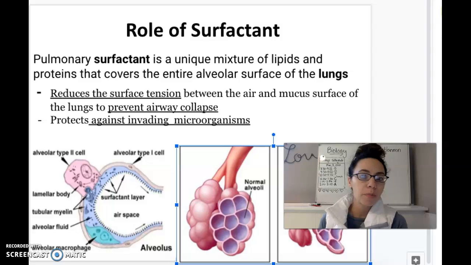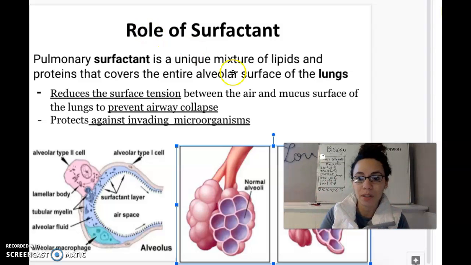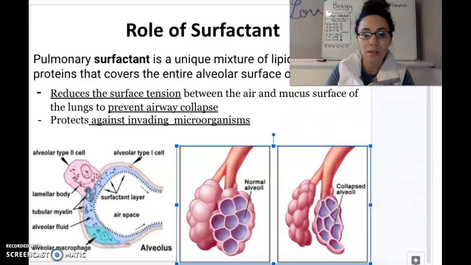So there's another important component of the lungs that I'd like to mention. It's called surfactant. Pulmonary surfactant is a mixture of liquids and proteins that cover the entire alveolar surface of the lung. So it lines the alveoli on the inside. Let me move myself so you can see.